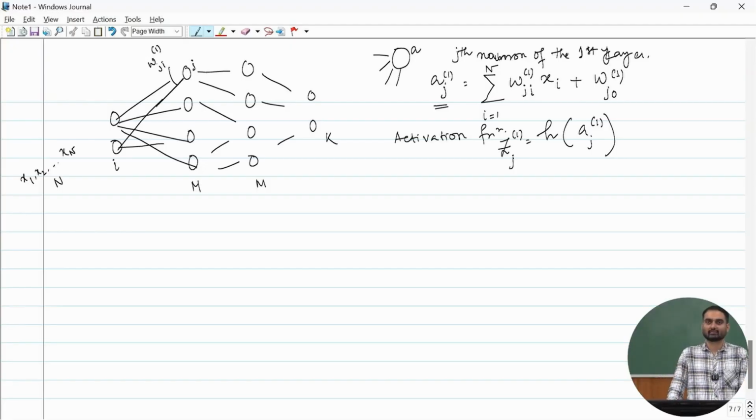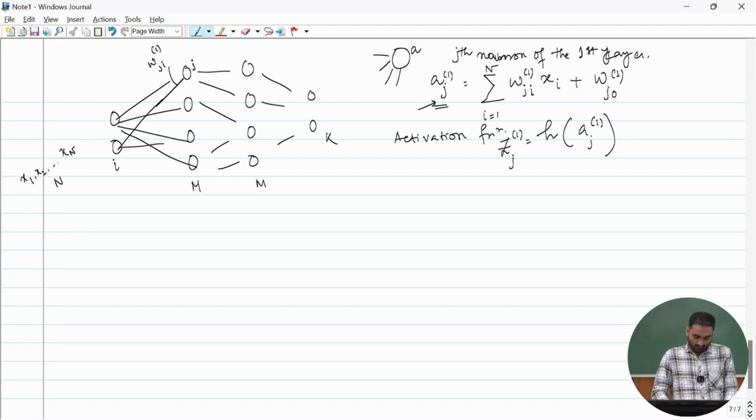So Z is the output of the activation function of the jth neuron. A is called pre-activation output, and Z is called post-activation output, or activation output.